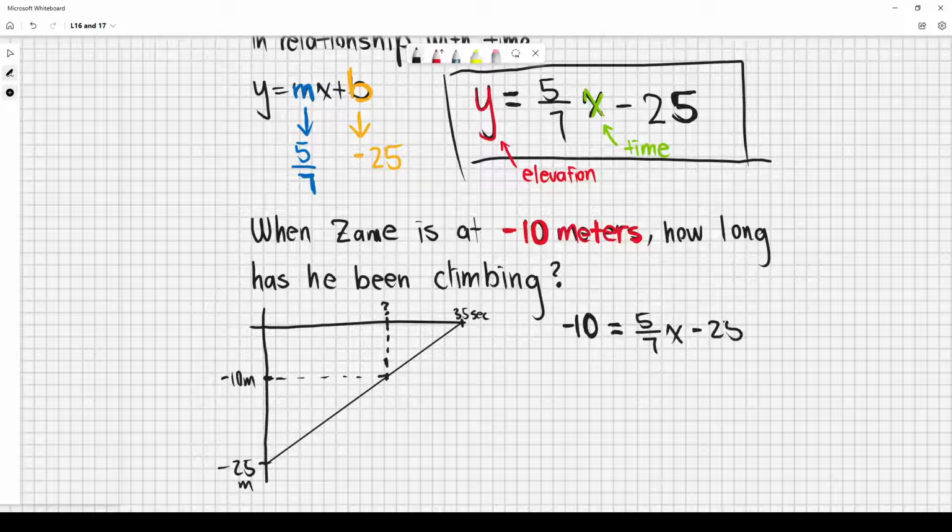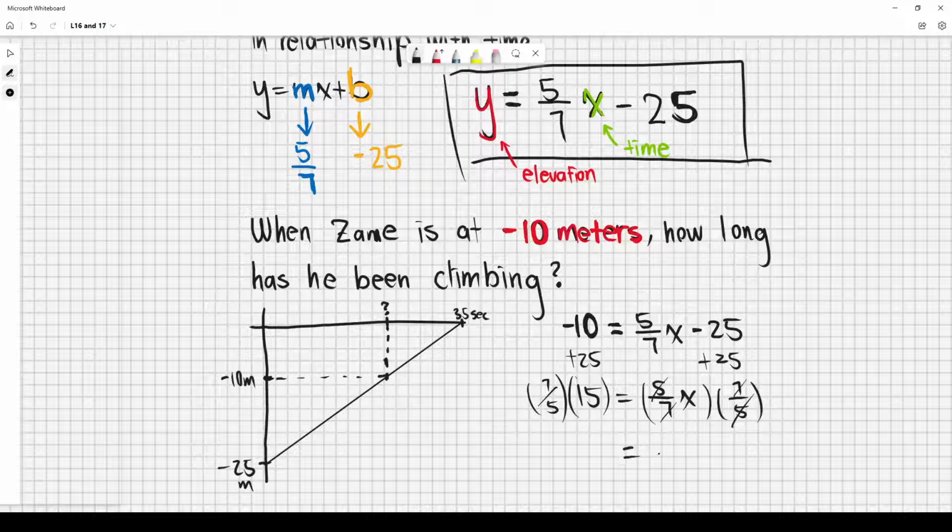Minus 25. So set up the equation, and I can add 25 on both sides. I will get 15 is equal to 5 over 7x, and then multiply both sides by 7 over 5. So these two can cancel out. 5 cancels with 5, 7 cancels with 7.